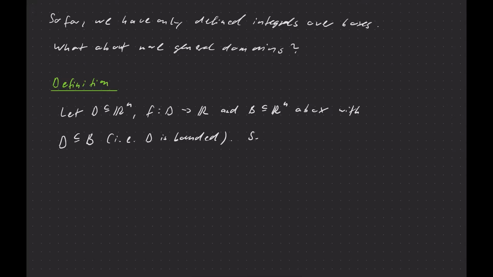We will then define a new function f_D that is defined on the box B and maps to the reals.